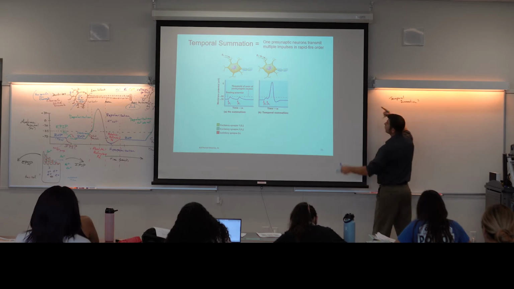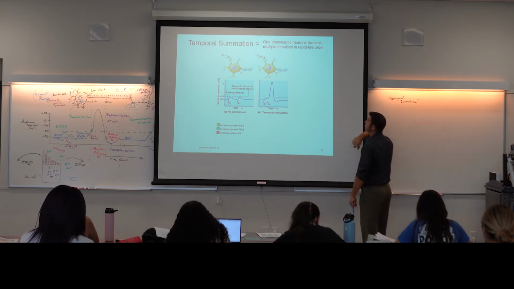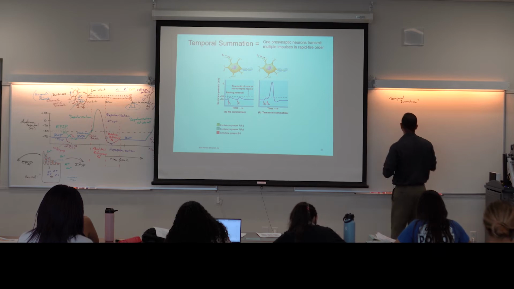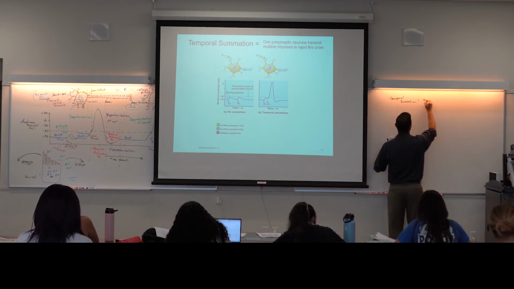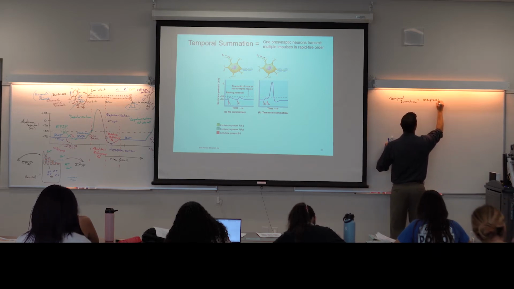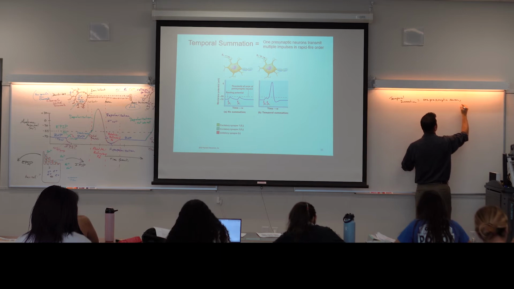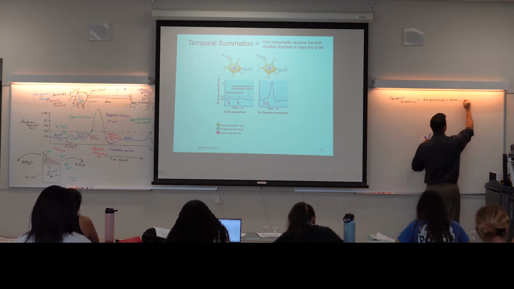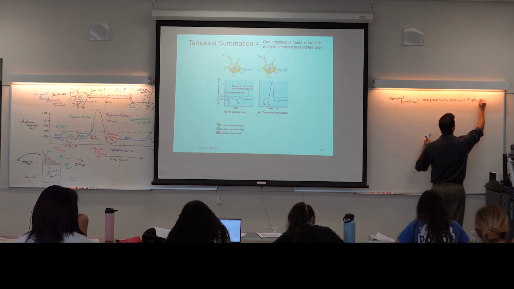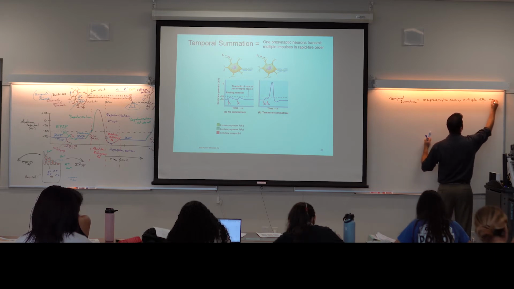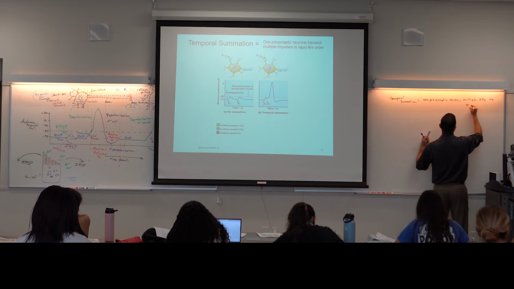I describe this temporal summation. There's going to be one presynaptic neuron that's going to send multiple signals to a postsynaptic neuron. So one presynaptic neuron, multiple signals, but multiple action potentials to the postsynaptic neuron.